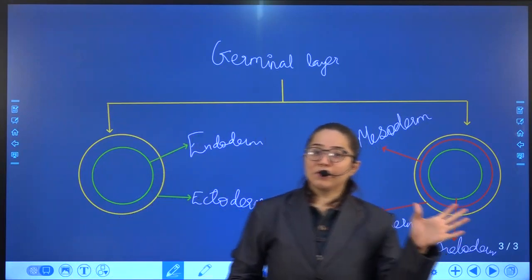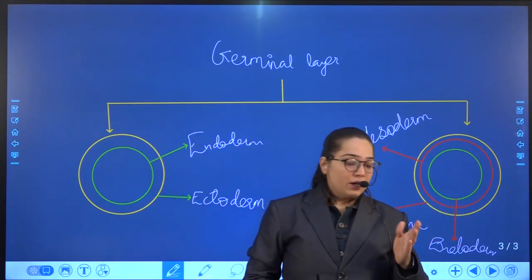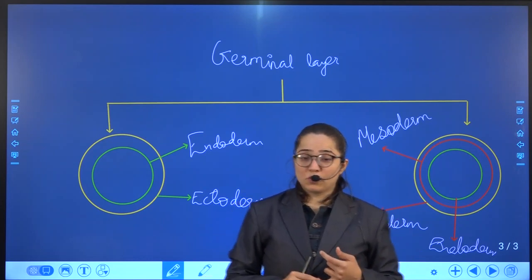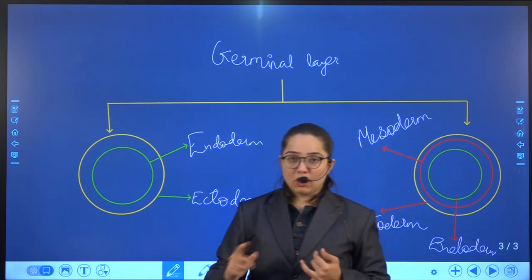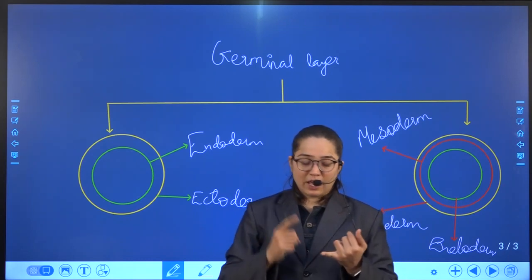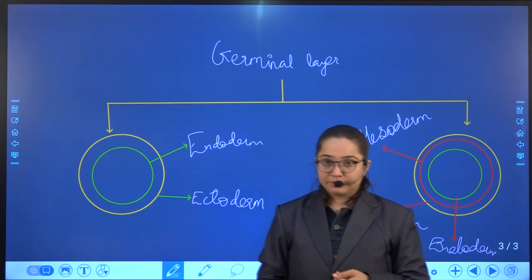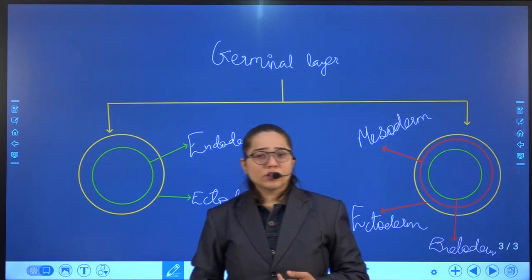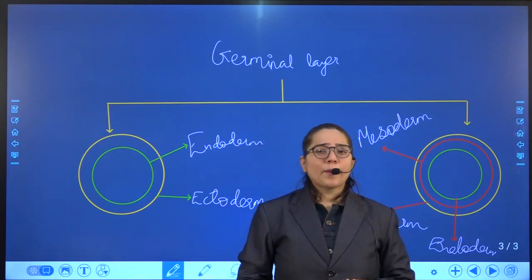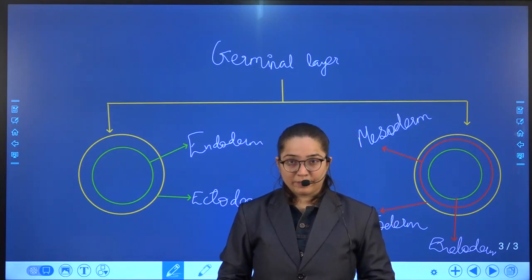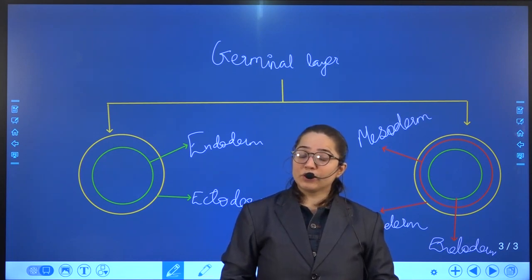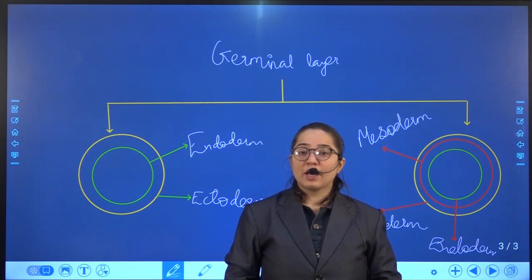Once again, how have we done the classification? On what basis? First was system, cellular level, tissue level, and the organ level. Next thing which we did was on the basis of symmetry. Now, how was it divided on the basis of symmetry?